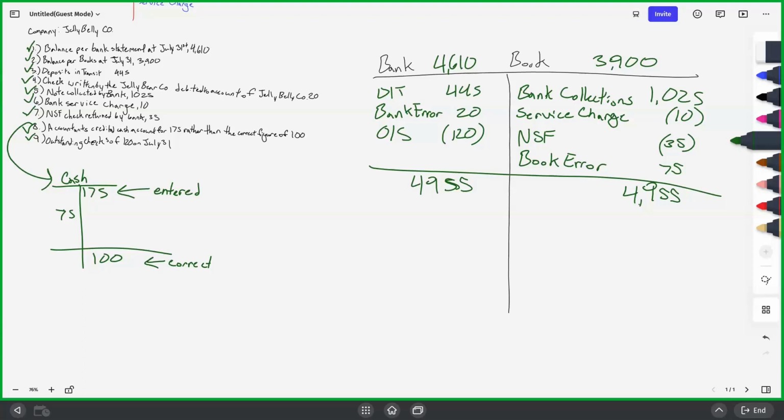The cool thing about T-charts is that it's basically an equation. If we put it out on a base level, we know that if we have a number here and a number here, if this number is greater than this number, we have to add to get here. Now, the opposite goes as well.